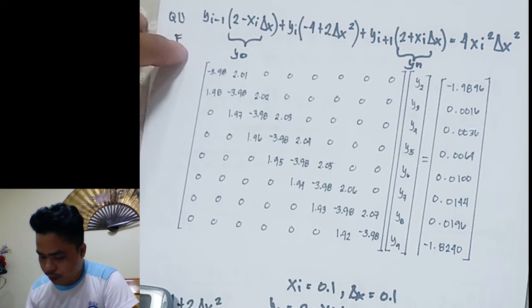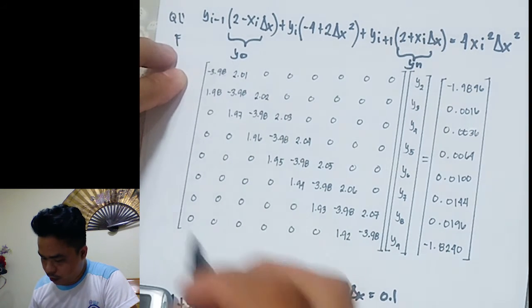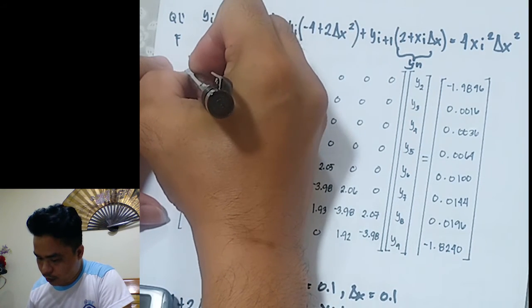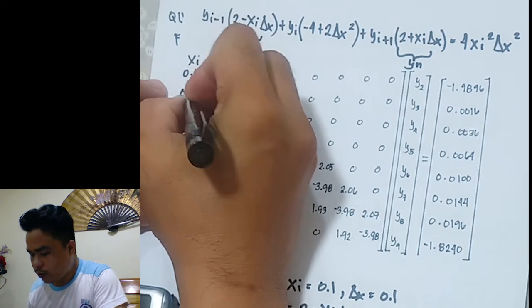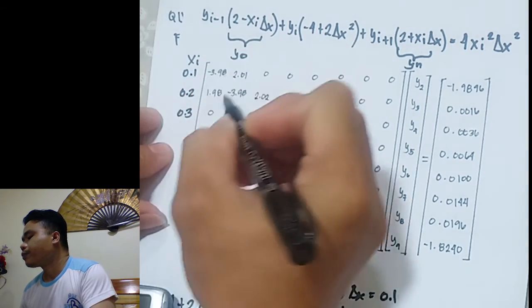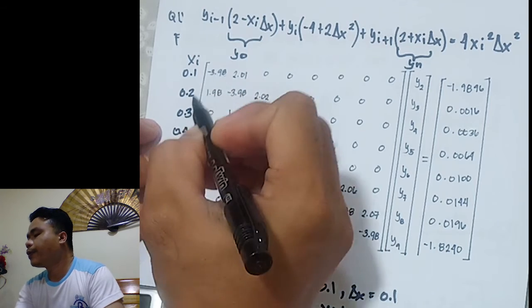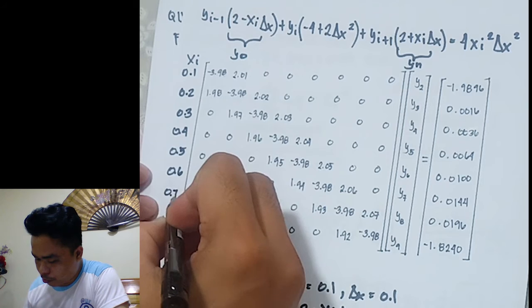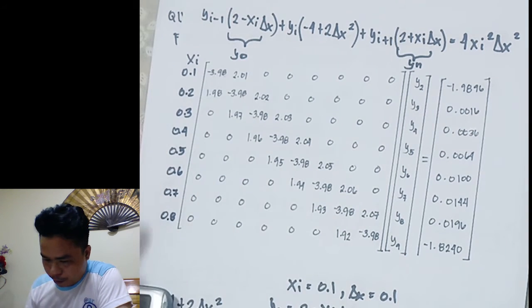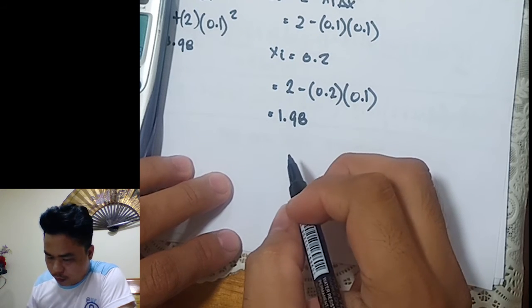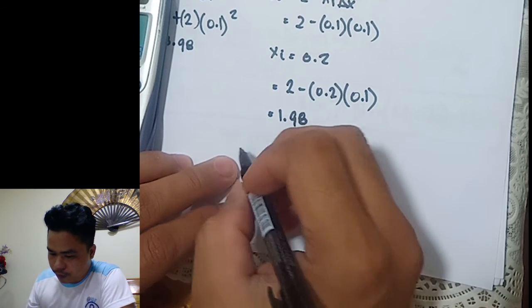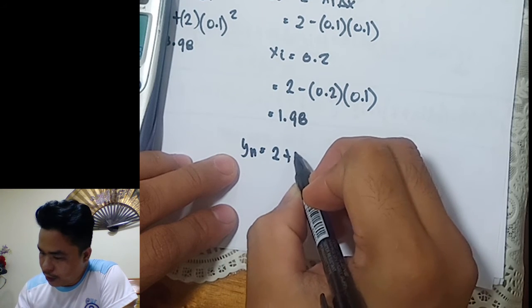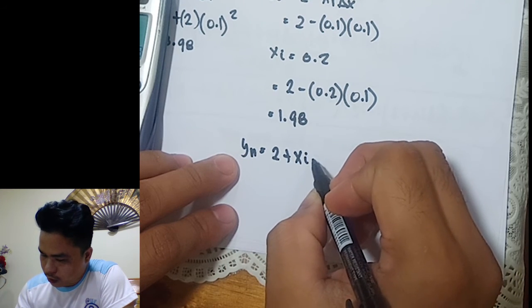Basically, xi is equal to 0.1, 0.2, 0.3, 0.4, 0.5, 0.6, 0.7, and 0.8. The third coefficient is yn is equal to 2 plus xi delta x.